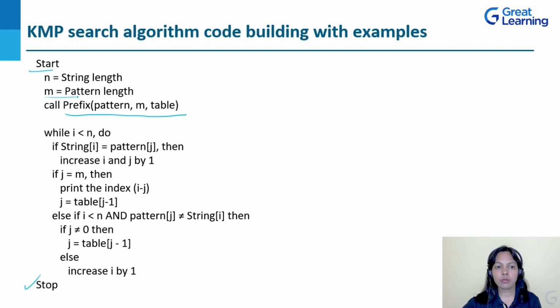So that has to be calculated. That is your pattern length, and the pattern, and the table, maybe empty initially, which will also be the output of this prefix function. The prefix table will contain the repetition analysis over the given pattern. So this is the function which will construct that prefix table and give it to us as the output.